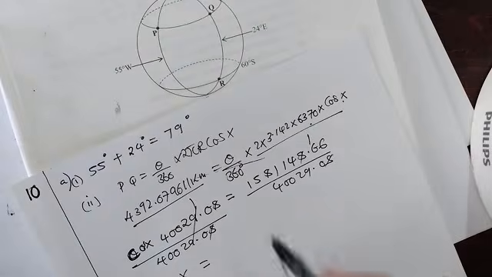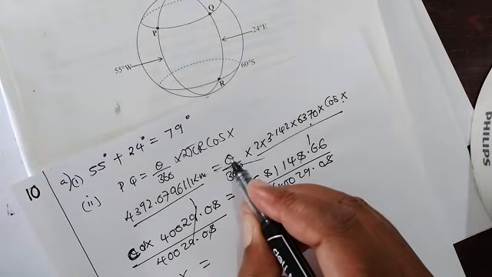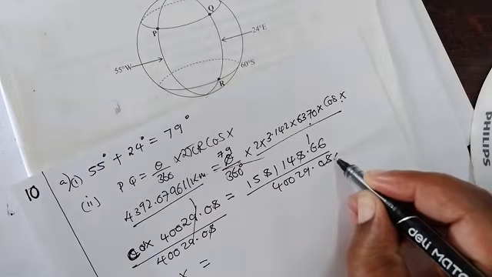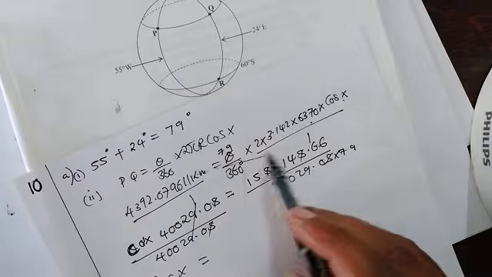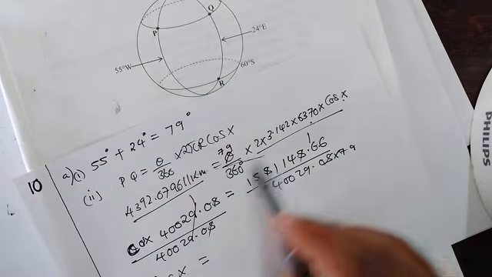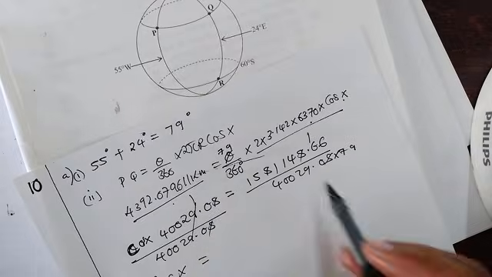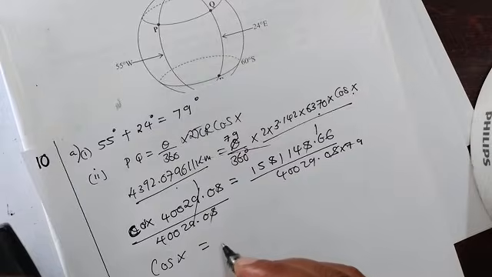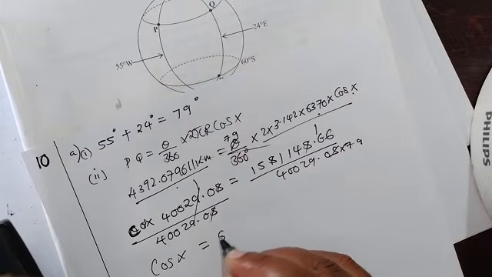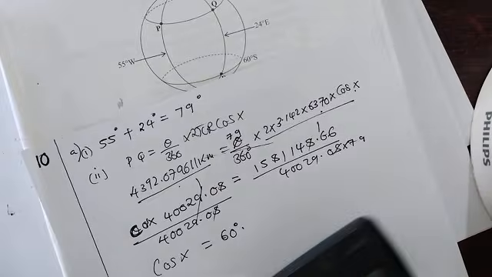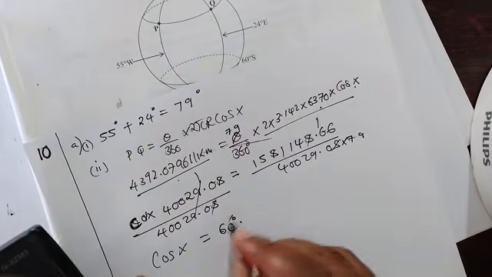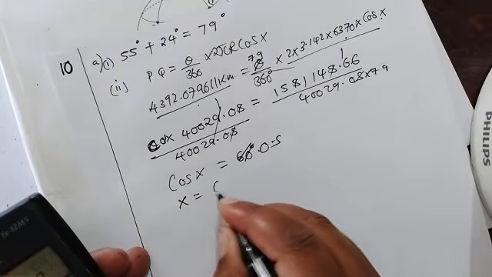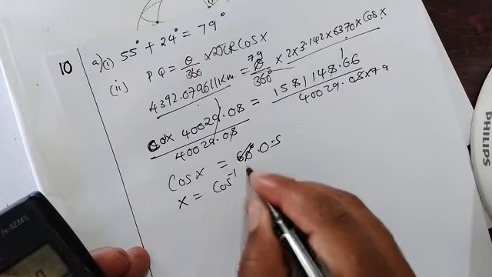Take note. Here we should have put the difference in longitude, which is 79. So here we can just multiply this by 79. Because you multiply this by a 1 here, then you multiply these two. So when you do that, here you get 0.5, meaning that x is equal to cos inverse of 0.5, which is 60 degrees.